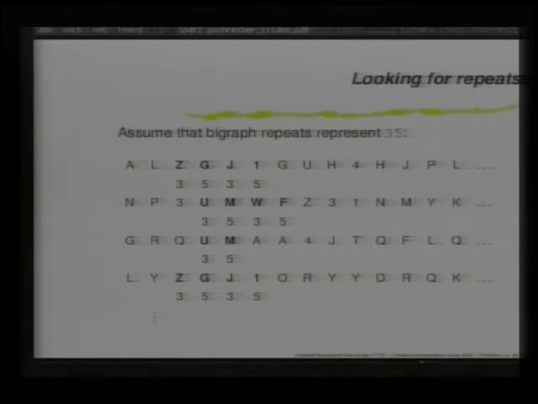And so in order to get the same ciphertext also at the same position, it gets much more unlikely. So if you do see the same ciphertext appearing over and over, it's very likely that it must be a bigraph that is very common, that appears very often. So that's why you can assume these are probably 3-5s.